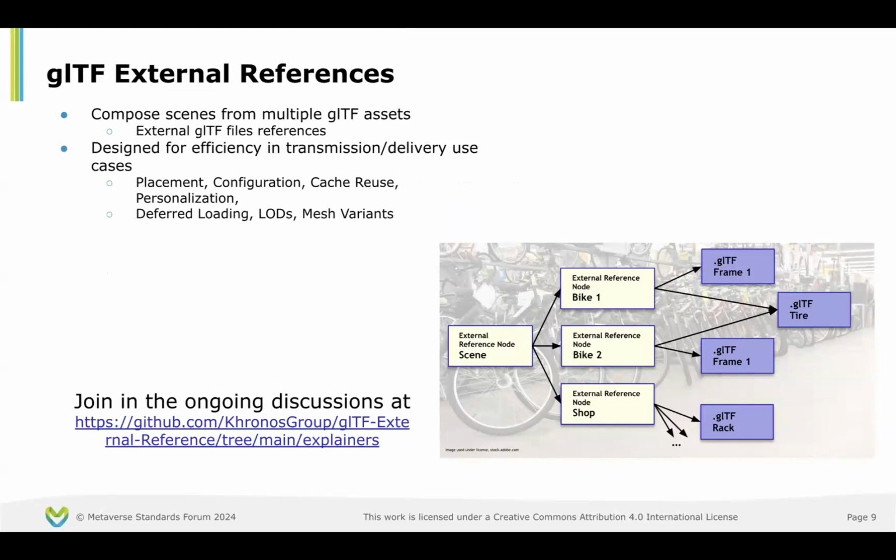We don't want to step on USD's toes here, or create a complex layering system. We want to solve for specific use cases, such as placements, LODs, different variants for meshes or materials, reuse of resources, or cache efficiency for browsers, you name it.